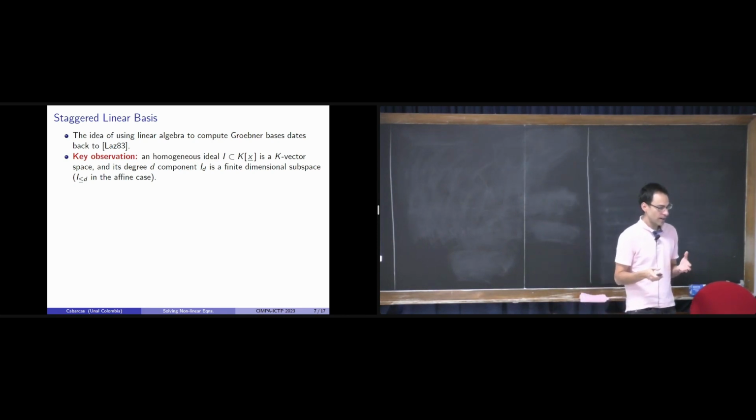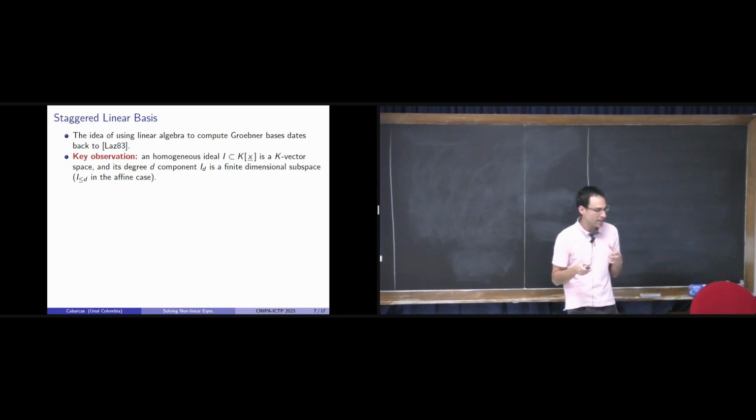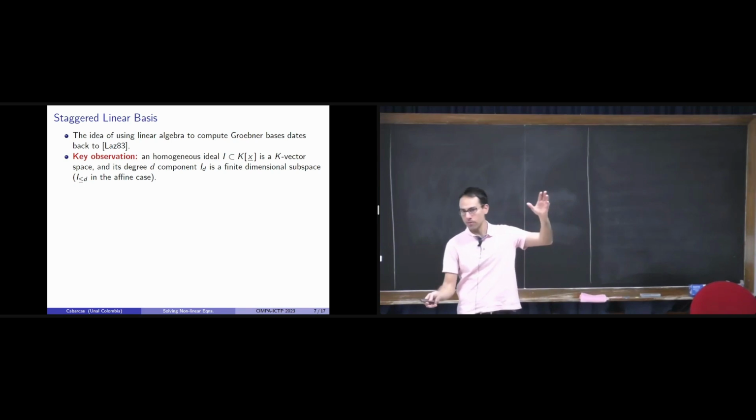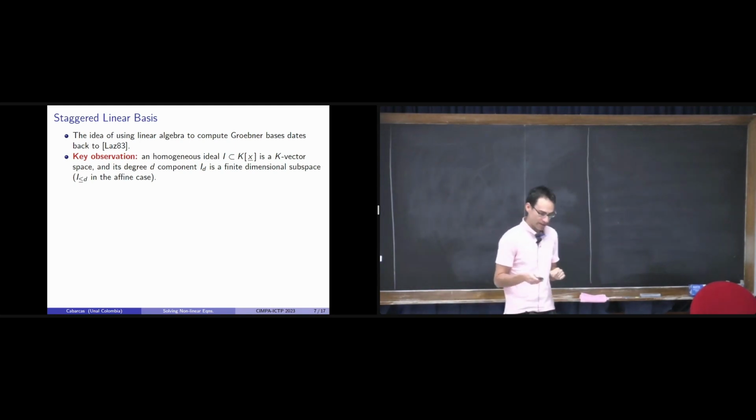So explain why, in general, this works. Why you can find a Groebner basis by doing linear algebra on this Macaulay matrix, which is the matrix of the polynomials up to a certain degree.